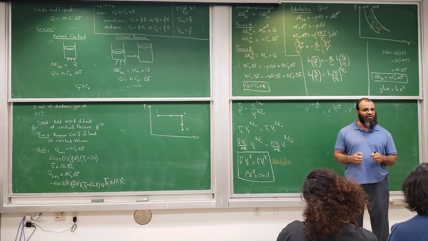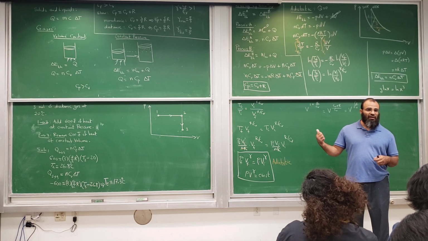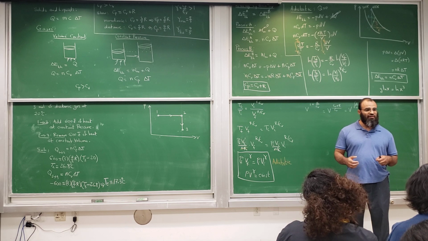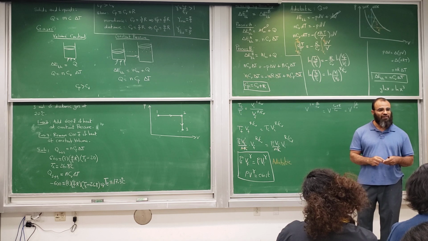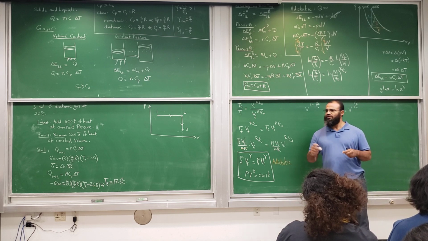It's a measure of how easy or difficult it is to raise the temperature. So in the context of gas, it's the number of joules per mole per Kelvin needed to raise the temperature by 1 Kelvin. Yeah. That's that.